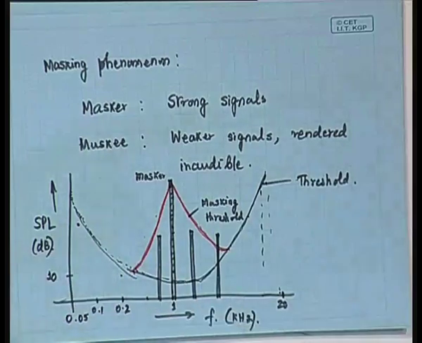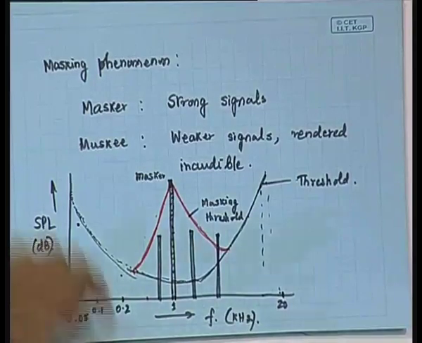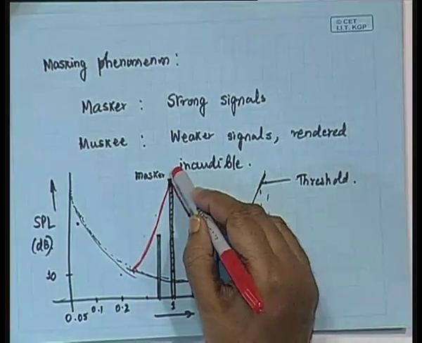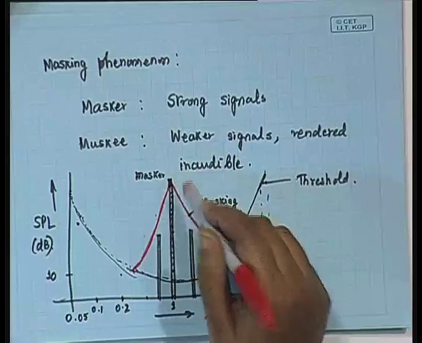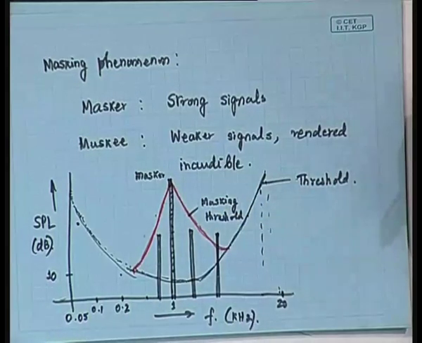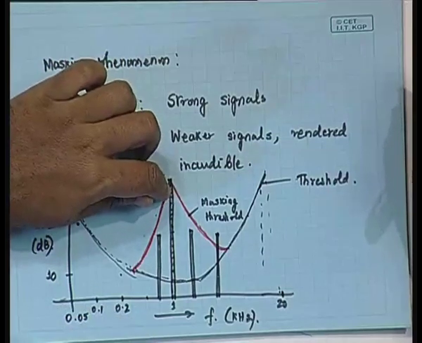And that too gradually decreases. It is very difficult to create another sound that is audible in the vicinity of this 1 kilohertz unless we create a sound of higher intensity. It has to be higher than the signal which is present here itself.